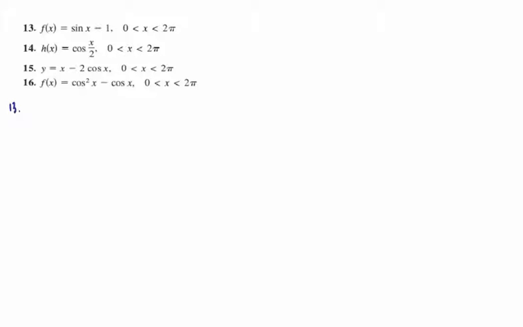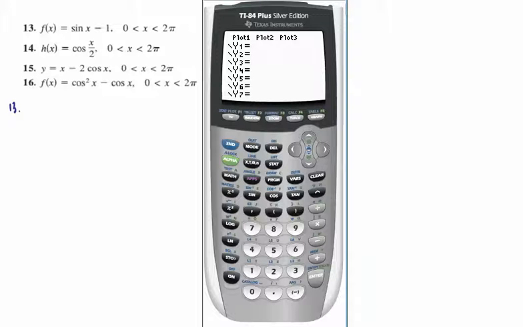And again, I would suggest if you're not very comfortable with trig functions, then use the graph to help you there. So I'm going to bring up the calculator and we'll enter sine of x minus 1, close the parentheses, sine of x parentheses minus 1.